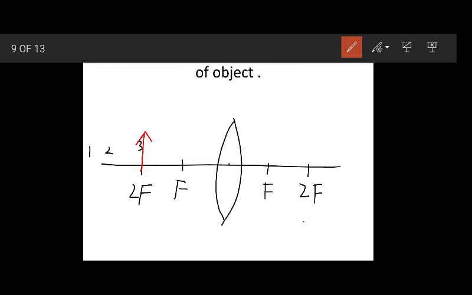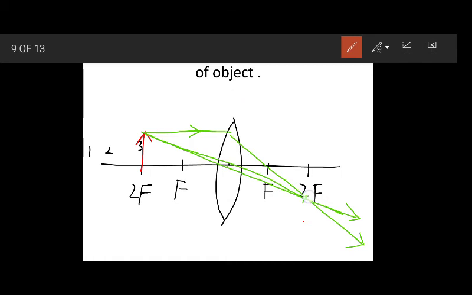So how? We'll draw the ray diagram. First of all, from here, the parallel beam of light after refraction will pass through the principal focus, and another ray from here, when the light ray passes through the optical center, does not change its deviation.